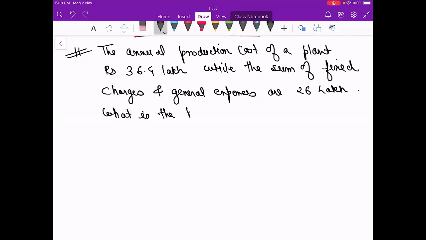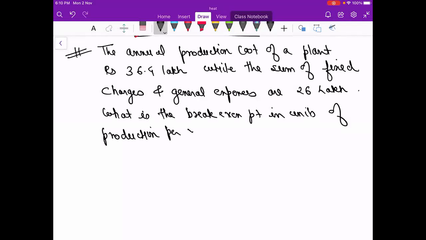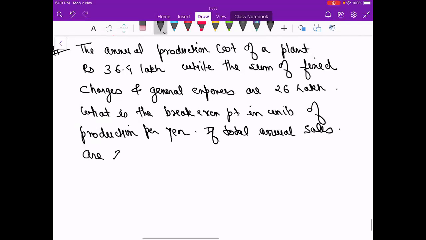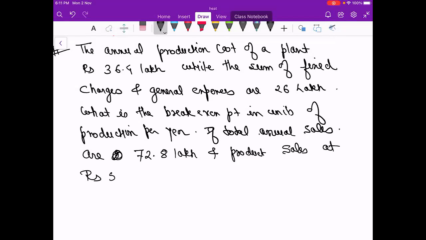What is the break even point in units of production per year if total sales, or you can say annual sales, are 72.8 lakh and product sells at rupees 520 per unit?